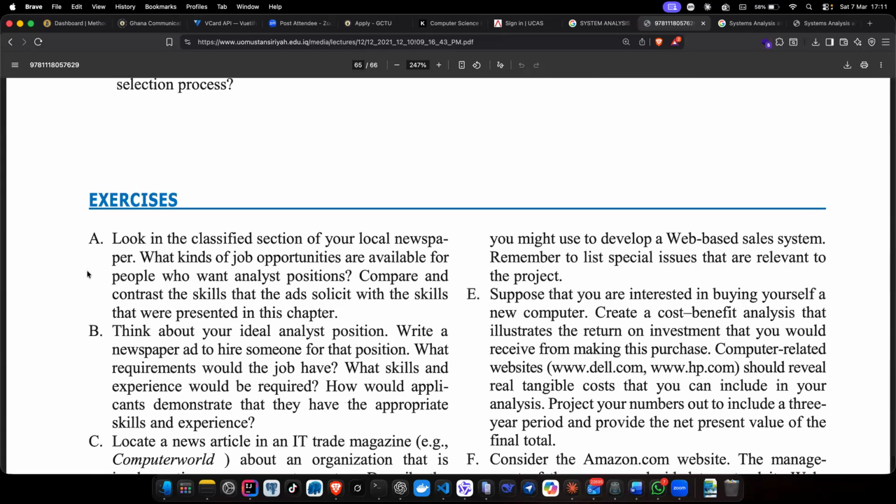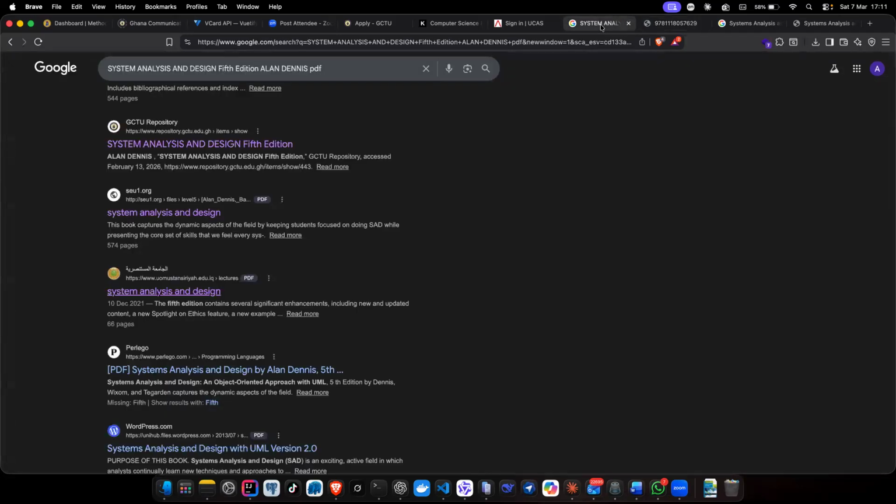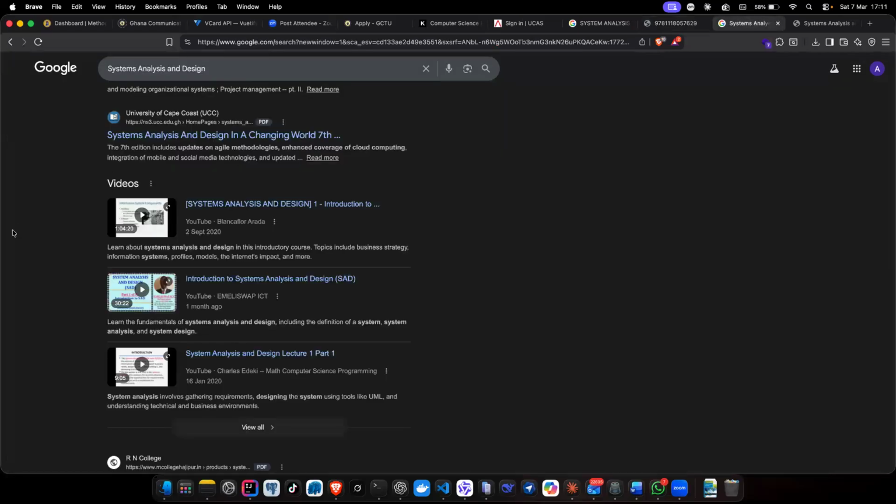I think this book doesn't contain everything. It contains only up to page 66, which means you may need to follow the link that I shared here. Let me see if the link contains all of it.